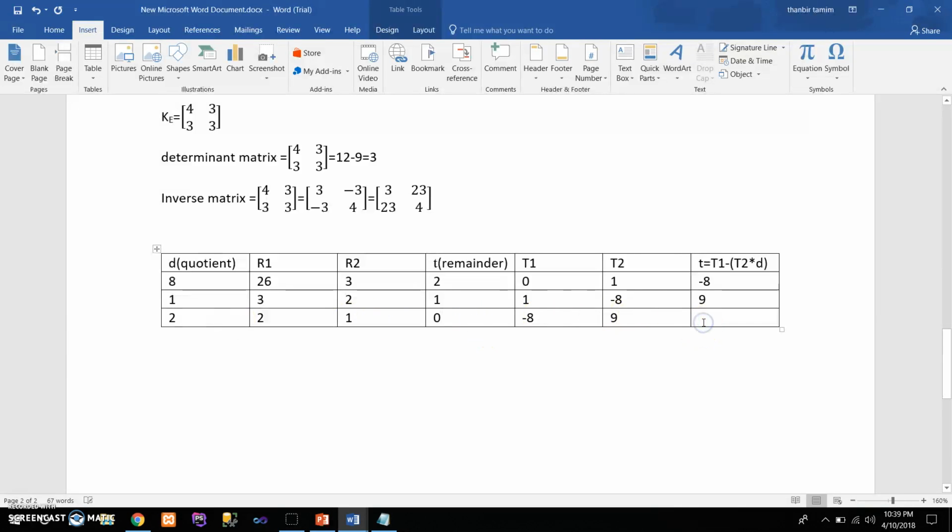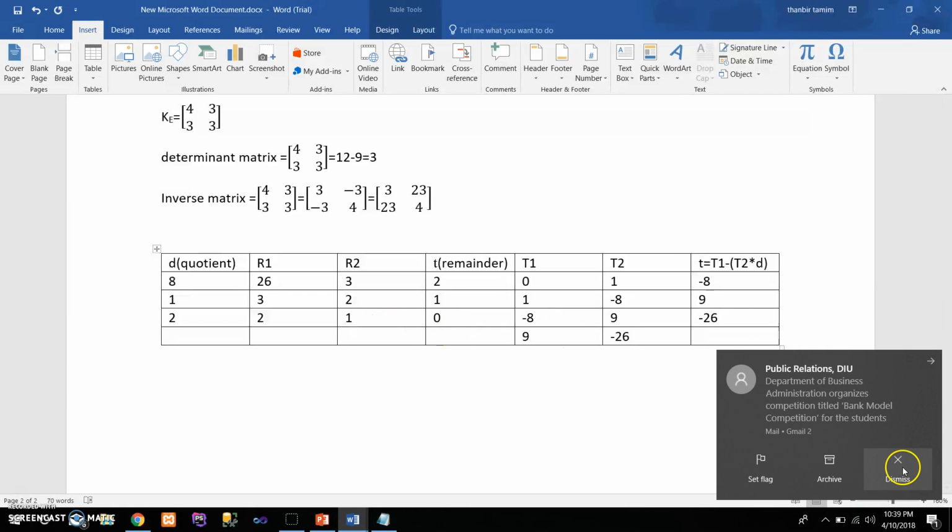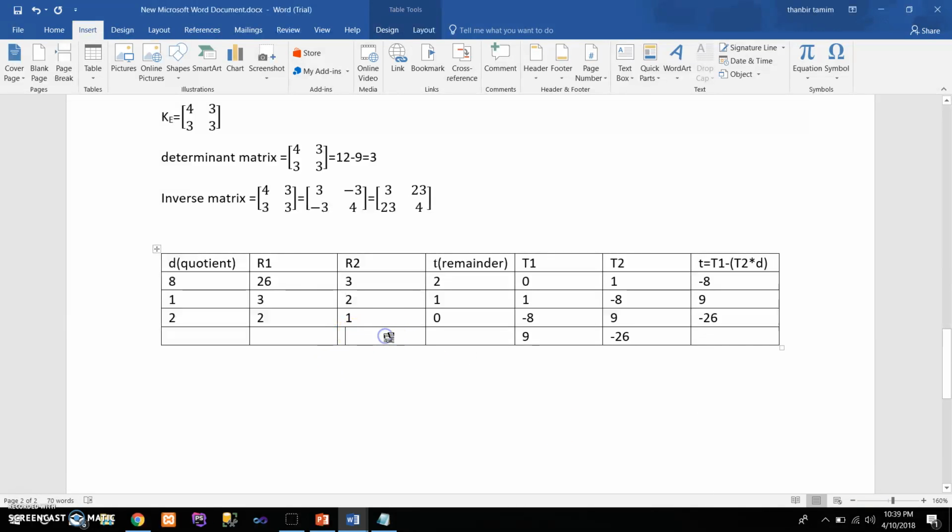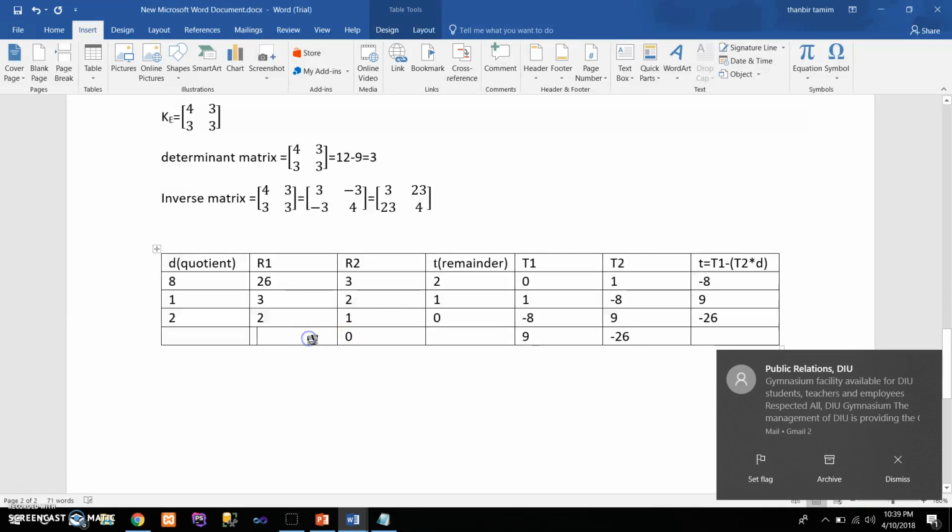And here the value of t will be minus 26. We will calculate, and the minus 26 is coming in here, and 9 is coming here, and 0 is coming here, 0 is coming here, and also 1 is coming here.